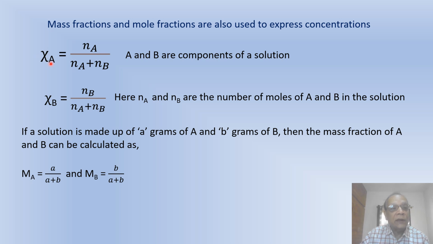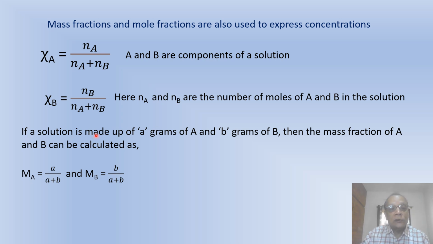The mole fraction of A in a solution which comprises A and B as its components is number of moles of A divided by total number of moles, that is number of moles of A plus number of moles of B. Similarly, the mole fraction of B is number of moles of B by total number of moles of different components in the solution. Here the components are A and B, and Na and Nb are number of moles of A and B in the solution.